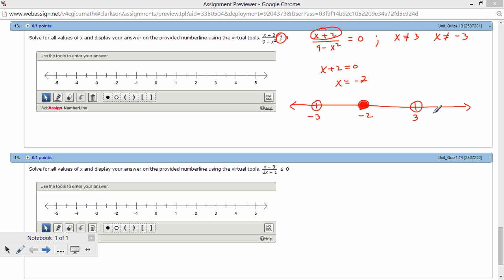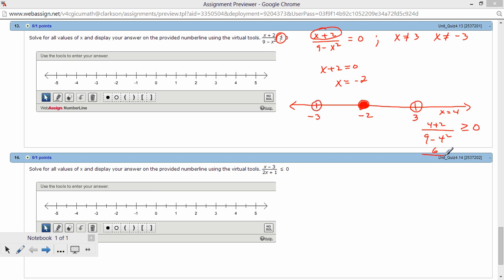Finally, we go to testing intervals. And again, it's about the sign because we want to know when this thing is greater than or equal to 0. So if we test a number like 4, then we get 4 plus 2, and I know that's positive, and the denominator is 9 minus 4 squared. And the question is, is that greater than or equal to 0?